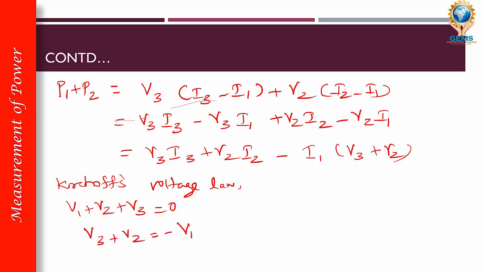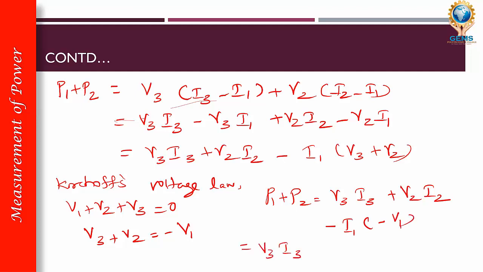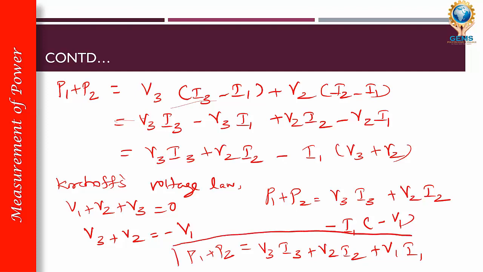Now substitute this minus V1 here. So we get P1 plus P2 is equal to V3 I3 plus V2 I2 minus I1 into minus V1. So it gives me V3 I3 plus V2 I2 plus V1 I1. So this is my total power when I use a delta connection.